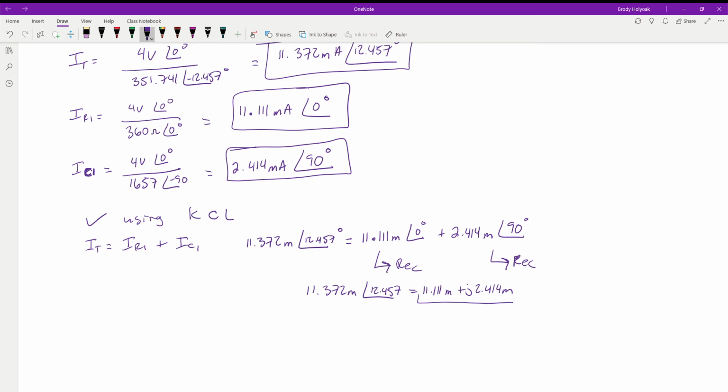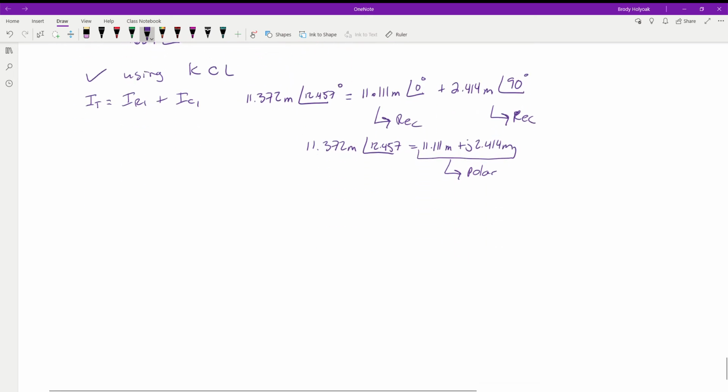Now we take this value, since we have just a real value and an imaginary value, we're going to convert that to polar. So we end up with the square root of 11.111 milli squared plus 2.414 milli squared, and then at the angle of 2.414 milli over 11.111 milli.